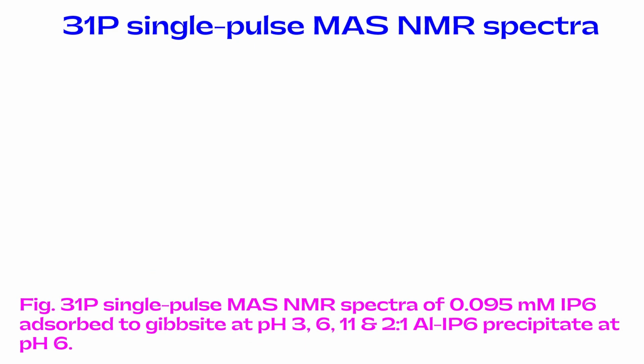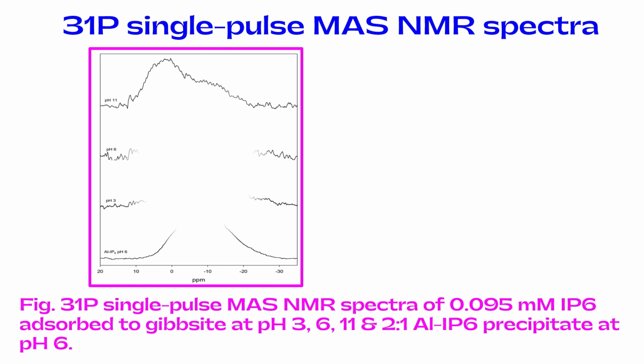Then phosphorus single pulse MAS NMR spectra. Here I have shown 31 phosphorus single pulse MAS NMR spectra of 0.095 molar IP6 adsorbed onto gibbsite at different pH and aluminium IP6 precipitate at pH 6.